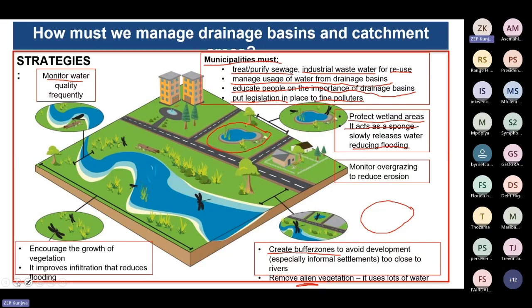And we must also encourage the growth of vegetation, which is not alien, obviously, so that we can improve infiltration. Remember, if water is getting inside the ground, it can be stored in the groundwater, so we can access it later when we need it. That is why we must plant so much vegetation.